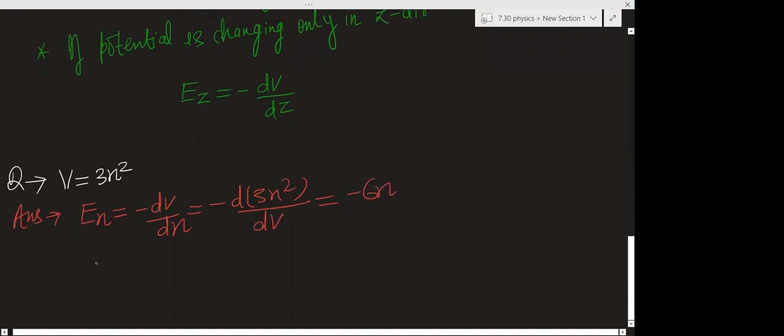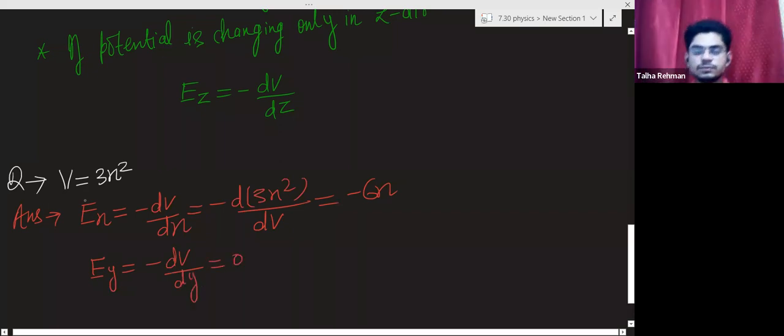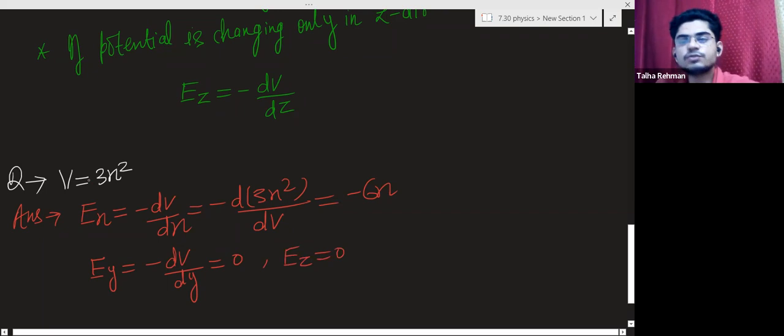And if I want to find the value of electric field in y direction, minus dV by dy, now it will be 0. And Ez is also 0. Why? Because this potential is not changing in y direction, which means the differentiation of this V with respect to y will be 0.